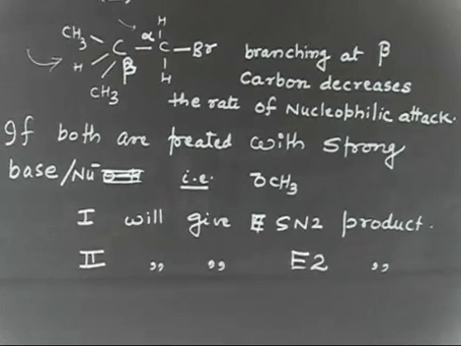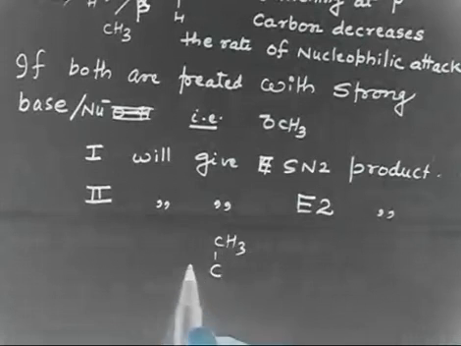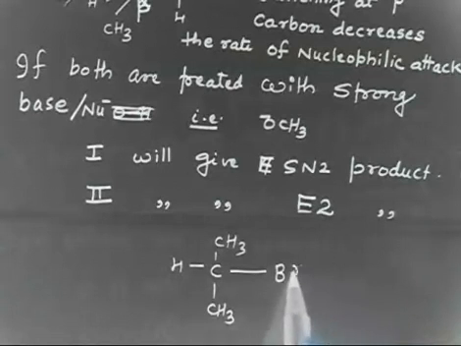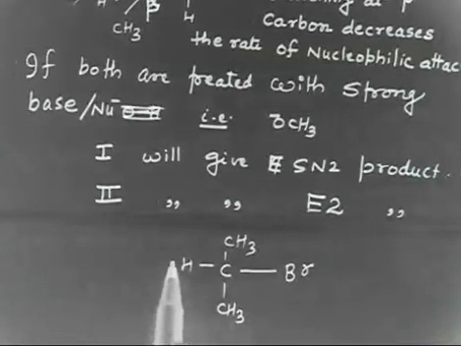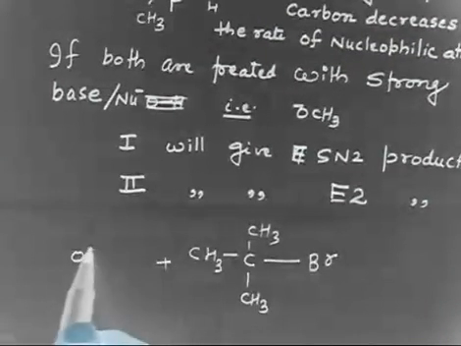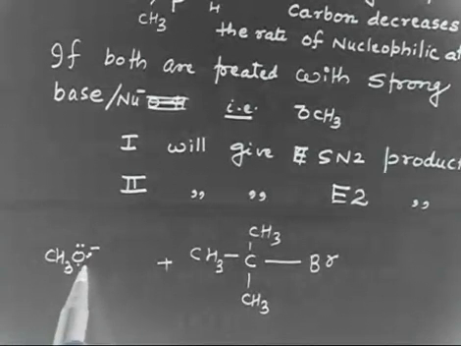The same concept is used here. If I want to form an ether, let us say I have CH3, H, CH3, and here I have Br. Let me take one CH3 more. Now I am thinking, if I take this O minus CH3, what kind of reaction will take place?